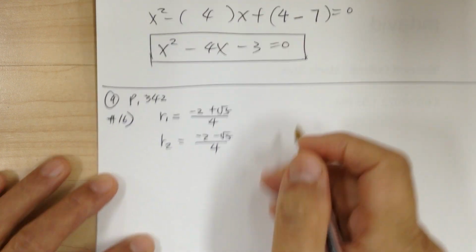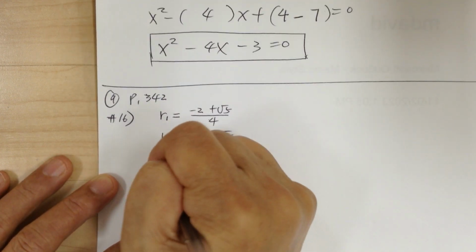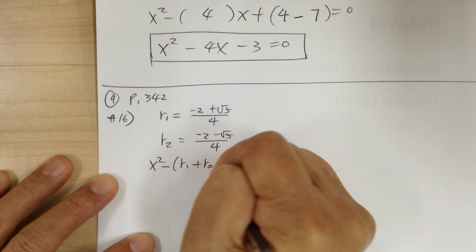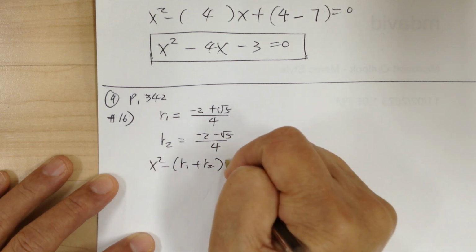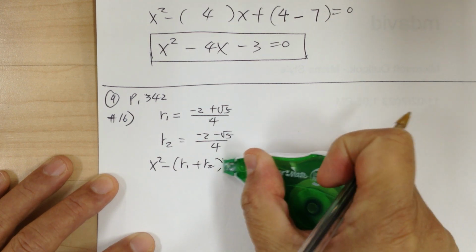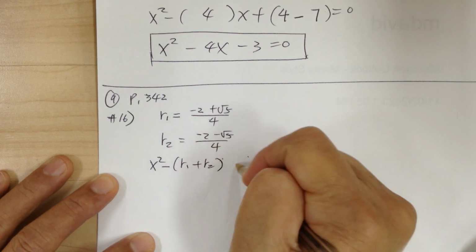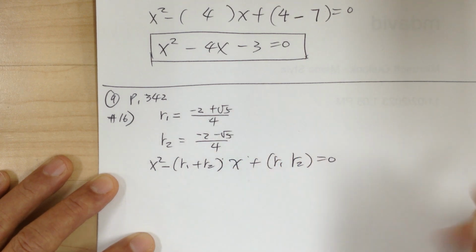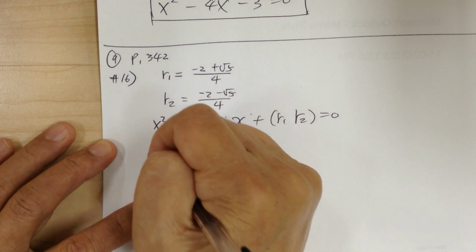So same thing, same as that. So you're going to get x squared minus R1 plus R2 times x, plus R1 times R2, equal to 0.